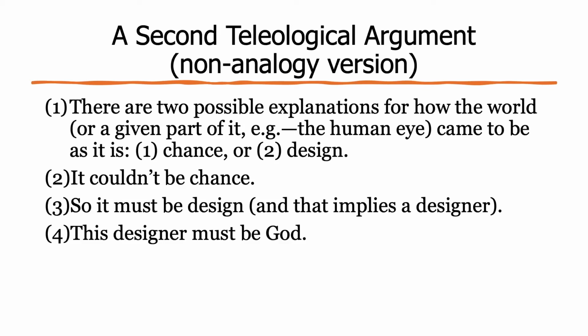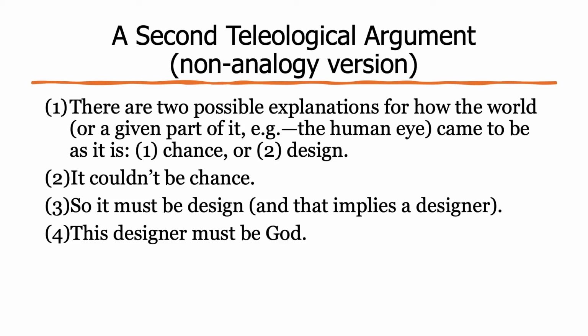However, if we add another option to the argument, for example, evolution, then, following the form of the argument, we have to show why not only chance won't work, but evolution.